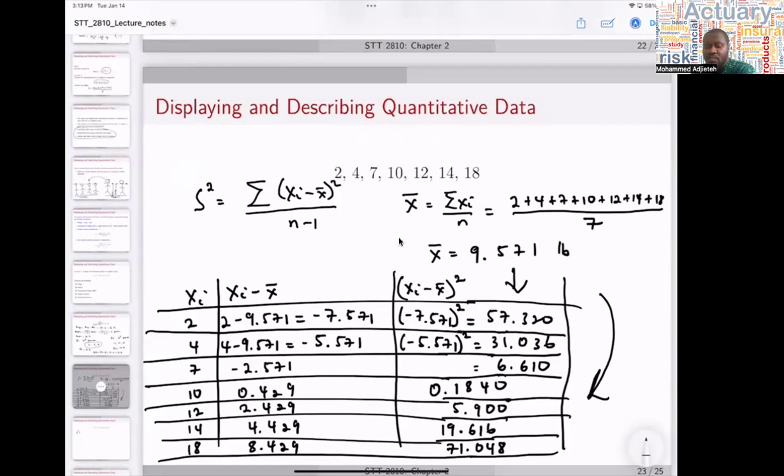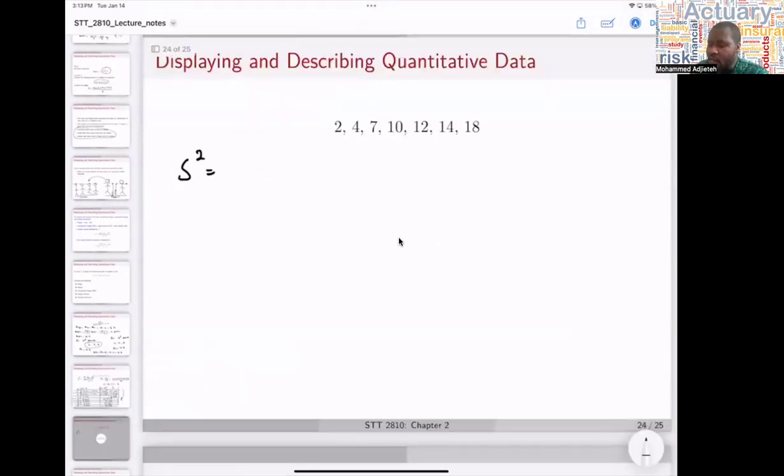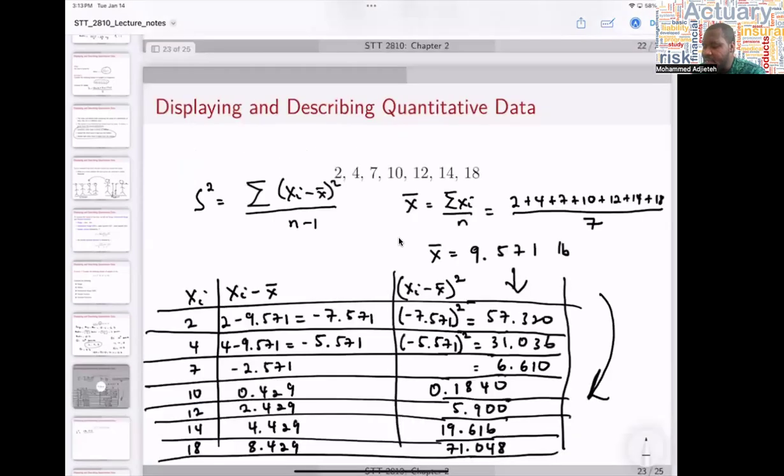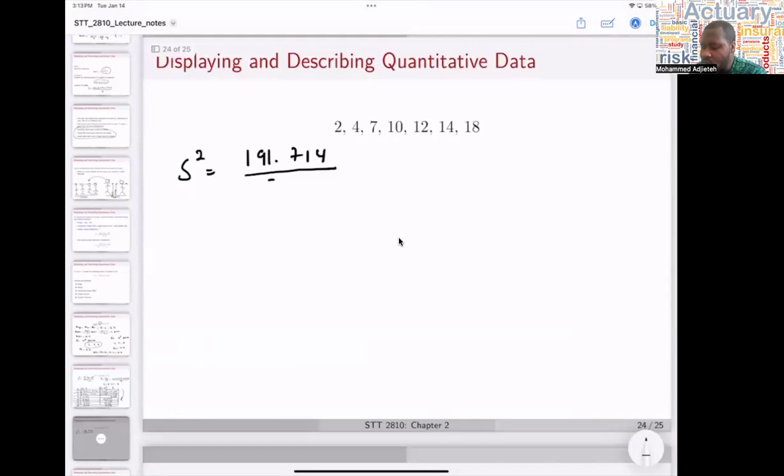So we add 57.320 plus 31.036 and all that. You have your calculators, you can do that. When I did mine, I got 191.714, divided by, remember the formula says n minus 1. The n here is 7, so it's going to be 7 minus 1, which should be 6.